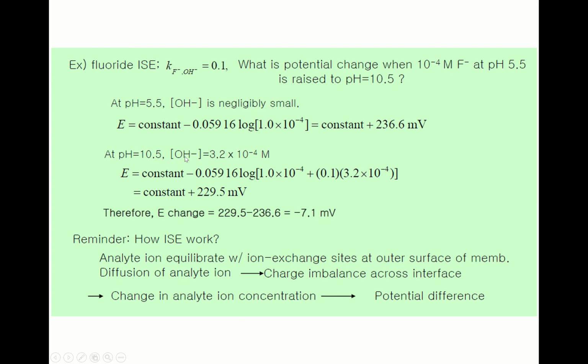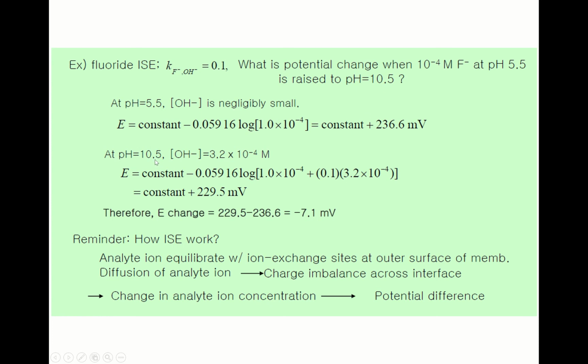We simply write E equals constant, minus, since fluoride has a negative sign, minus 1 times 0.05916 multiplied by the logarithm of this concentration, and then it gives constant plus 236.6 millivolt.